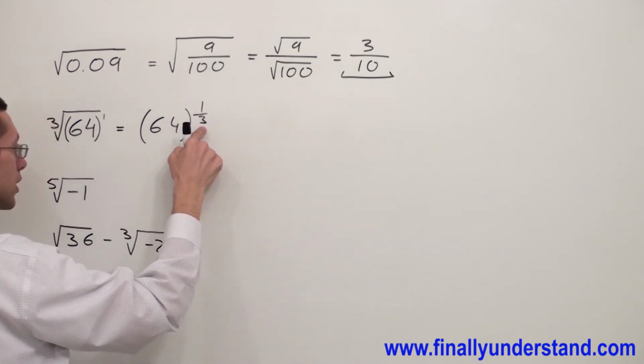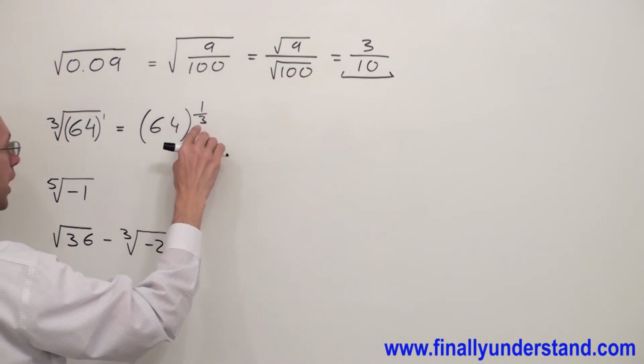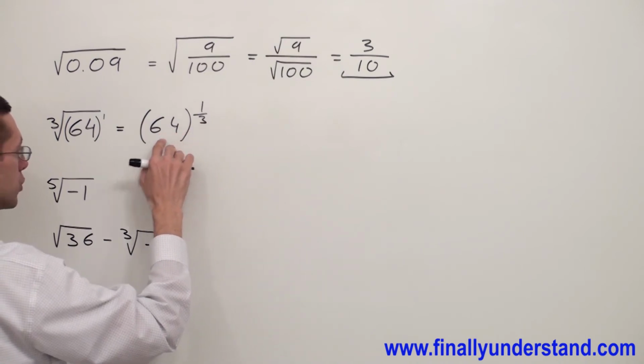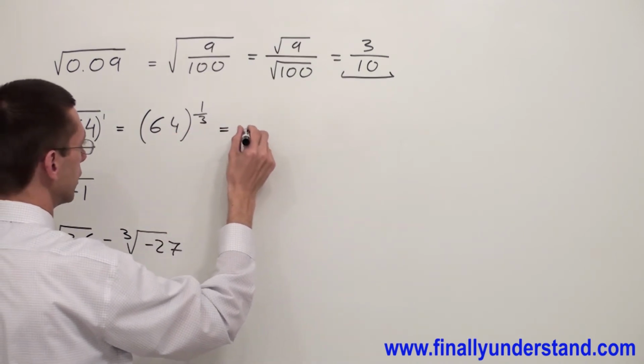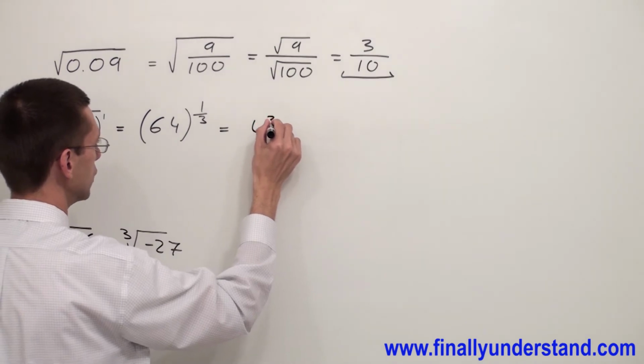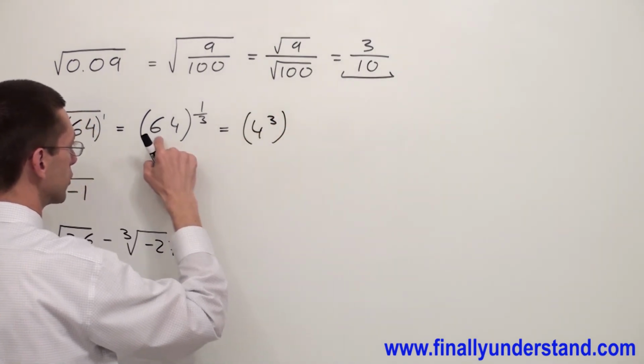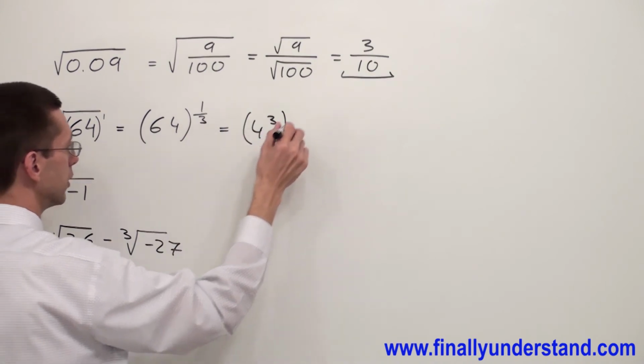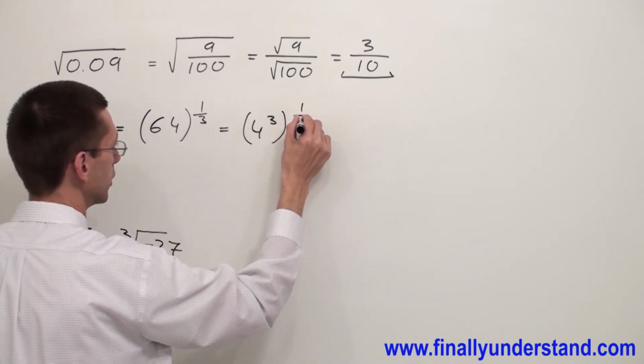Next, I have to ask myself what number raised to power 3, the denominator is telling me what power I have to choose, is going to give me 64. 4 raised to the 3rd power gives me 64. 64 is equal to 4 to the 3rd power. Copy down the exponent.